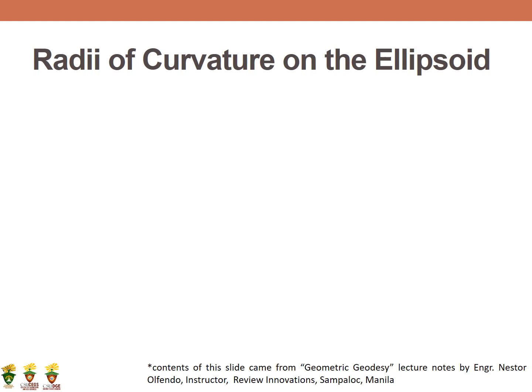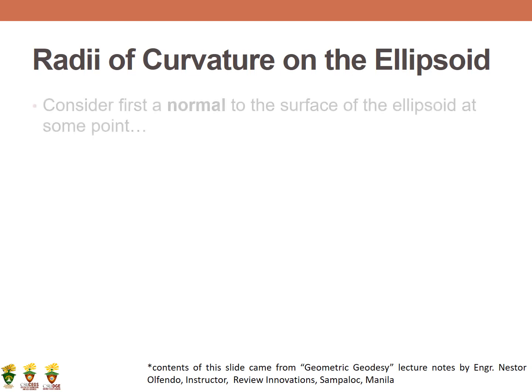So let's go to the discussion of the radii of curvature on the ellipsoid. First, we're going to consider a normal to the surface of the ellipsoid at the same point.